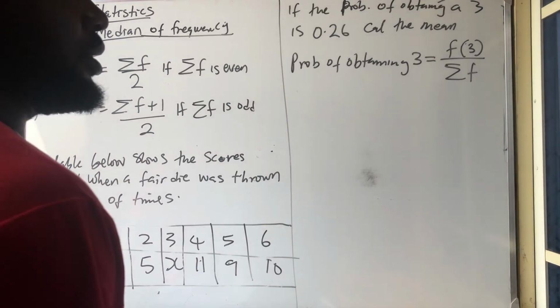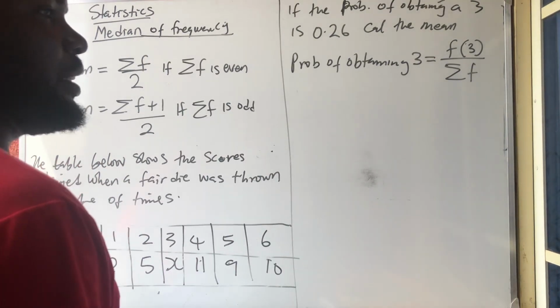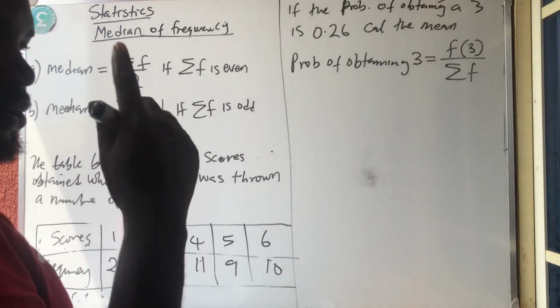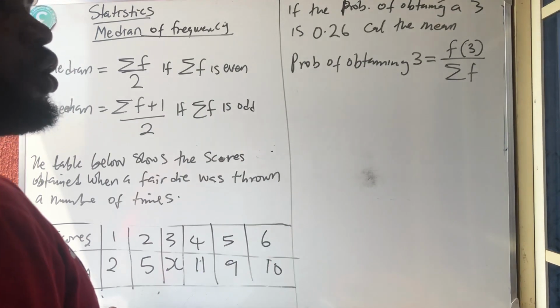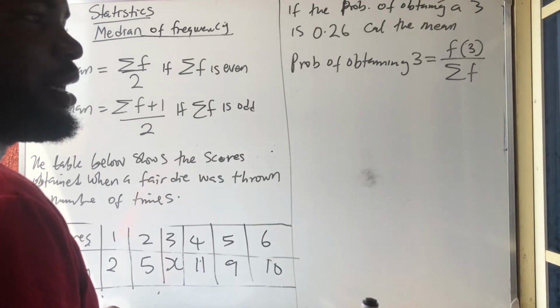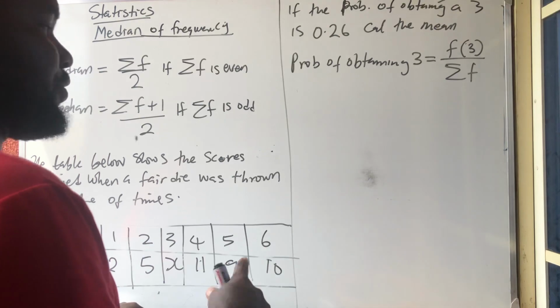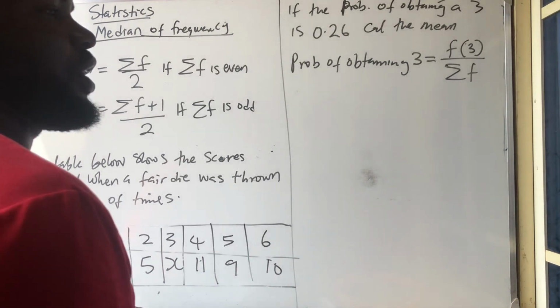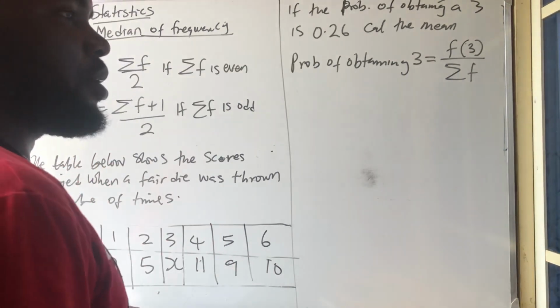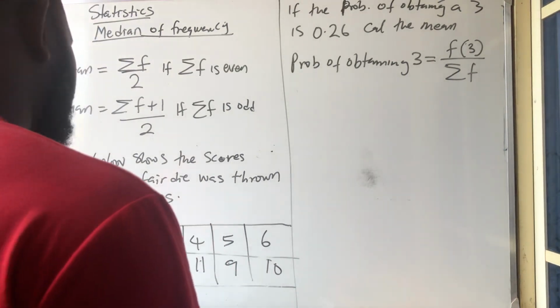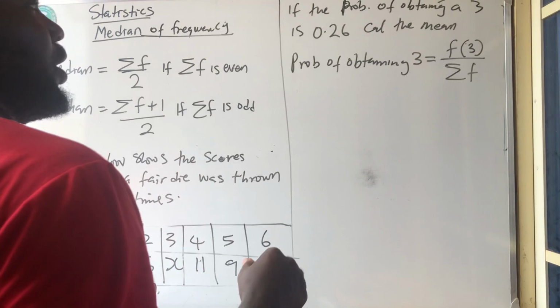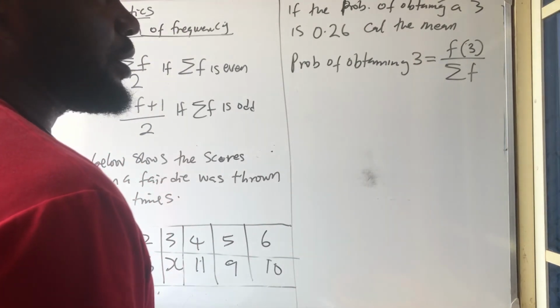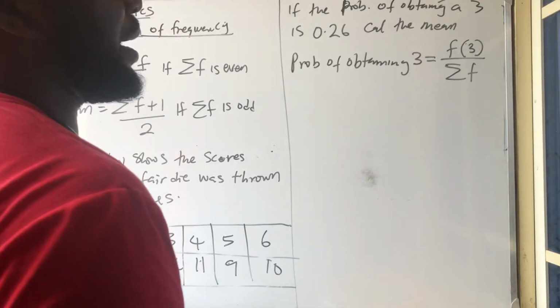If I roll a die once, the probability of getting any number there is over 6, because a die is from 1 to 6. So the probability of getting 1 will not be 1 over 6, and the probability of getting 2 will not be 2 over 6. But in this case, it is the frequency of that particular number divided by the summation of the frequency.